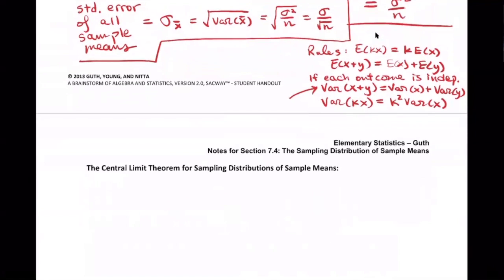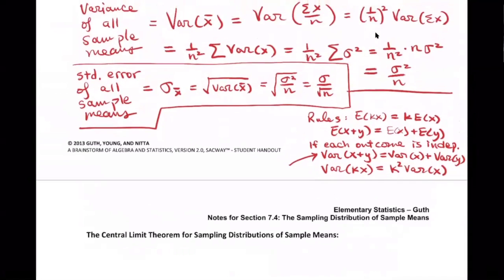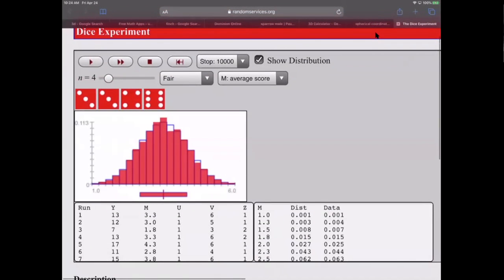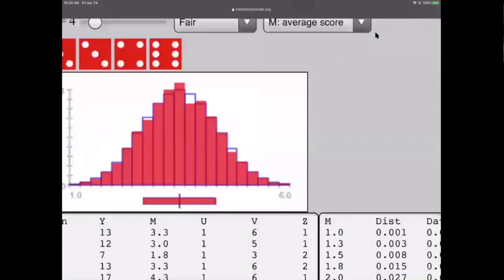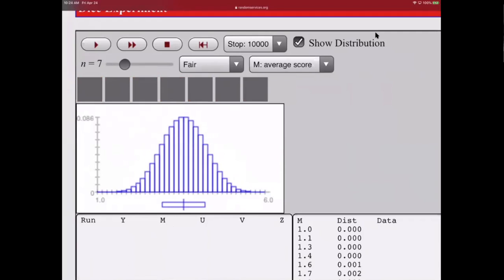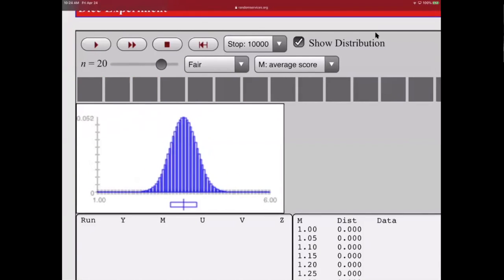Okay, so there's a big theorem down here that's pretty much summarized by 3 important ideas. The first idea is that the means come out with a bell-shaped distribution. And I should say, this is still not as bell-shaped as it could be. You can see as I increase the sample size, this begins to look more and more like one of these beautiful normal curves.